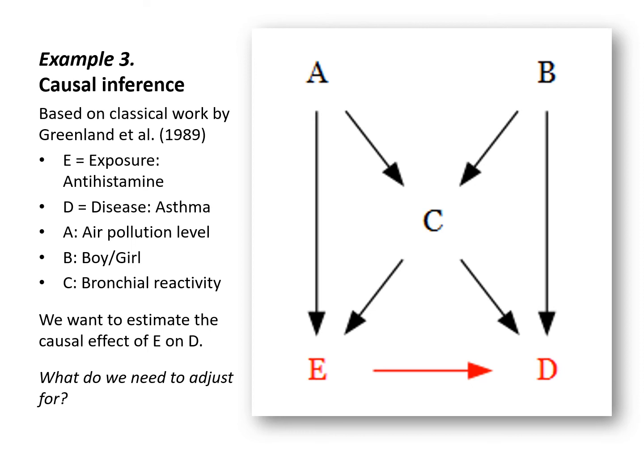So on the right, you see an example based on classical work by Greenland et al., with an exposure, with a disease, and with some possible confounders like air pollution level, gender, and bronchial reactivity.